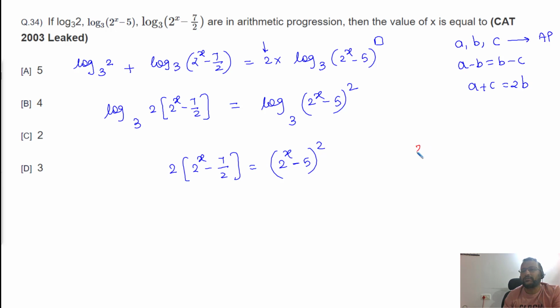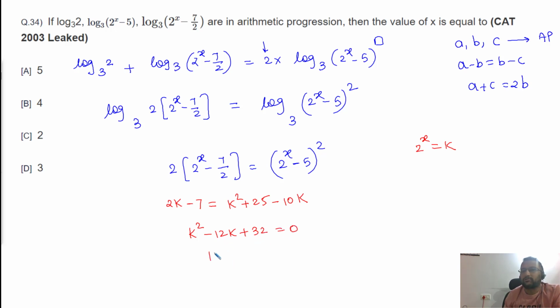So now what I will do is put 2 to the power x is equal to k. So this equation will become 2 times k minus 7 is equal to k square minus 10k plus 25. So let's try to solve this quadratic equation. k square minus 12k plus 32 is equal to 0.